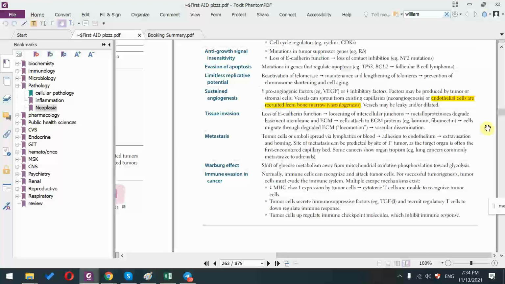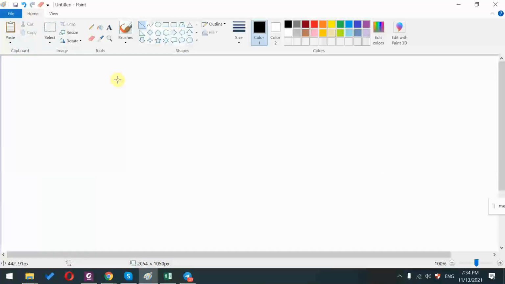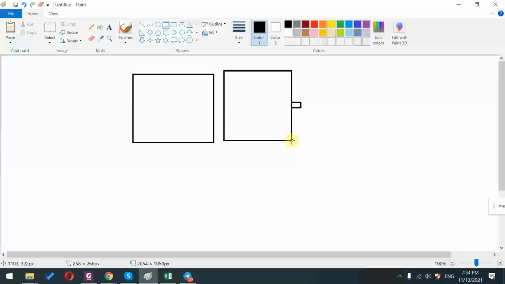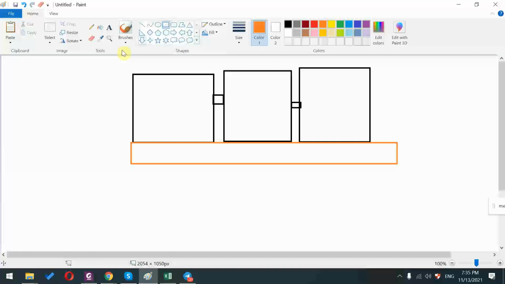Let's speak about it step by step. First of all, we had two cells attached to each other by a little E cadherin. Now this was downregulated, and then we had the basement membrane under it, which was degraded by the metalloproteases. So first, the cadherin went down.